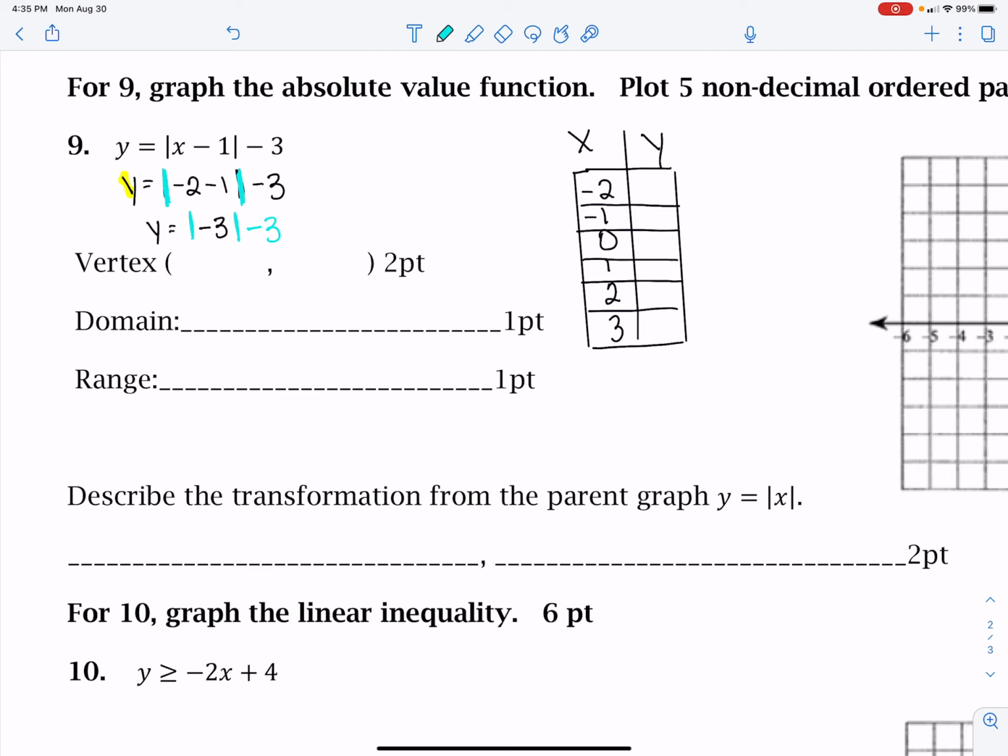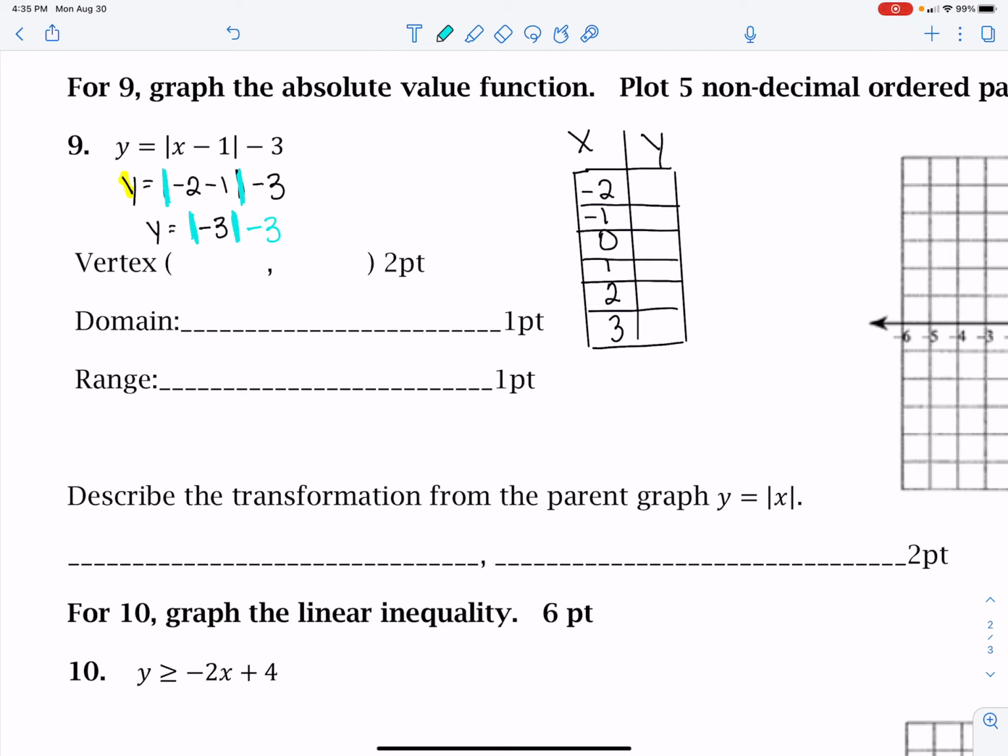Whenever you have these absolute values, whatever number is in there, when you take that value out, it's going to be a positive number because it's always the distance away from 0. So -3 is 3 spaces away from 0.